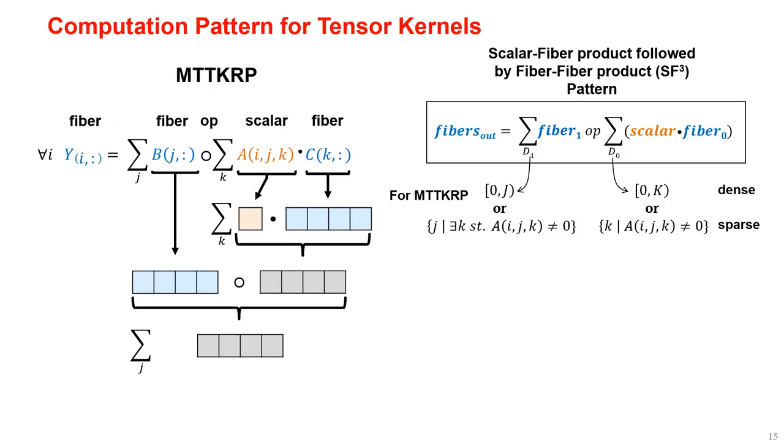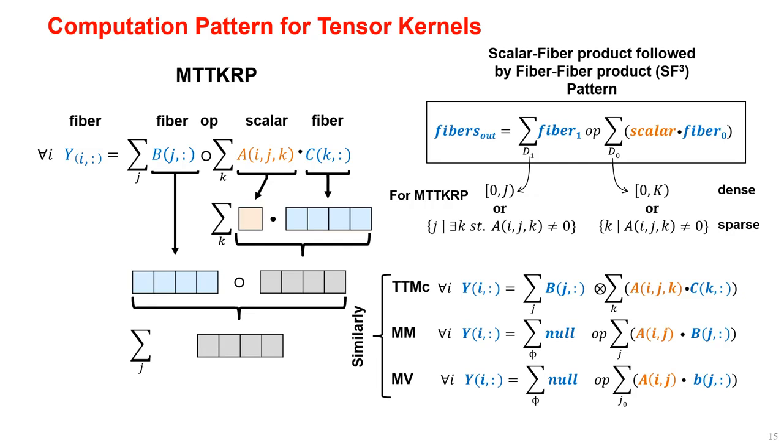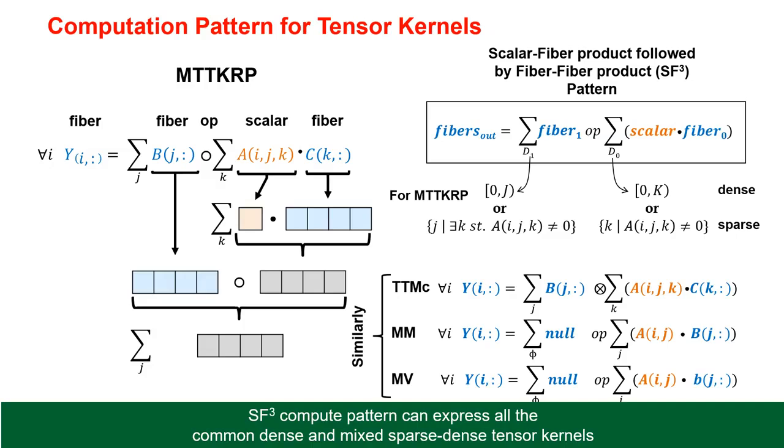For example, in case of MTTKRP, by picking the domains as sparse domains, one can represent MTTKRP on sparse tensors, and by picking the domains as dense domains, one can represent MTTKRP on dense tensors. Further, other tensor kernels such as TTMC, MM, and MV are also easily mapped to this compute pattern. Thus, SF cube compute pattern can express all the common dense and mixed sparse dense tensor kernels.